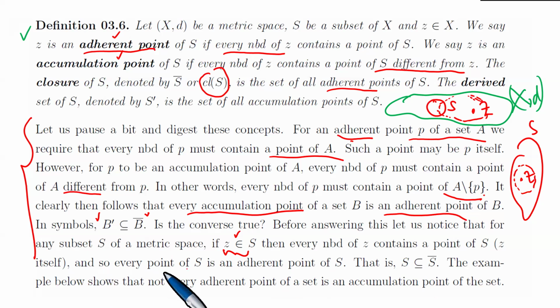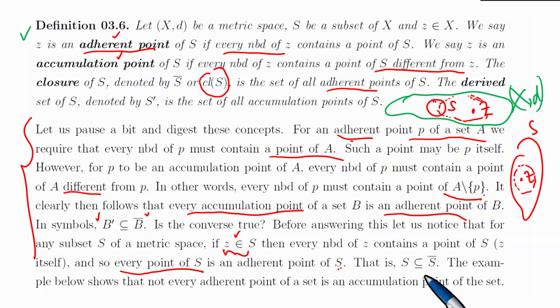And so Z is an adherent point of S. So every point of S is an adherent point of S.